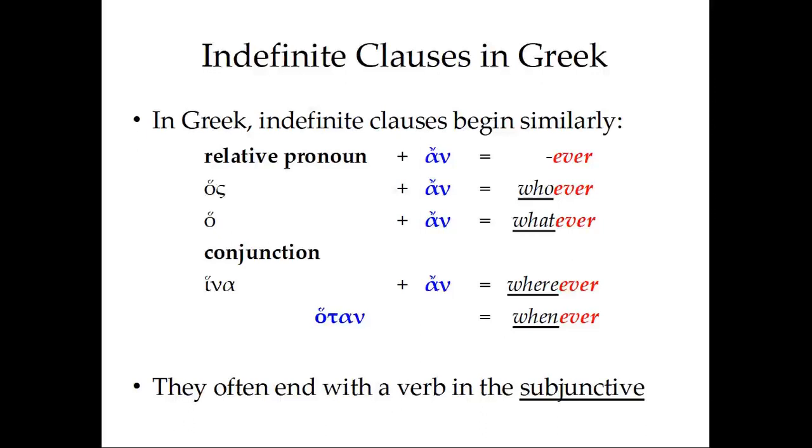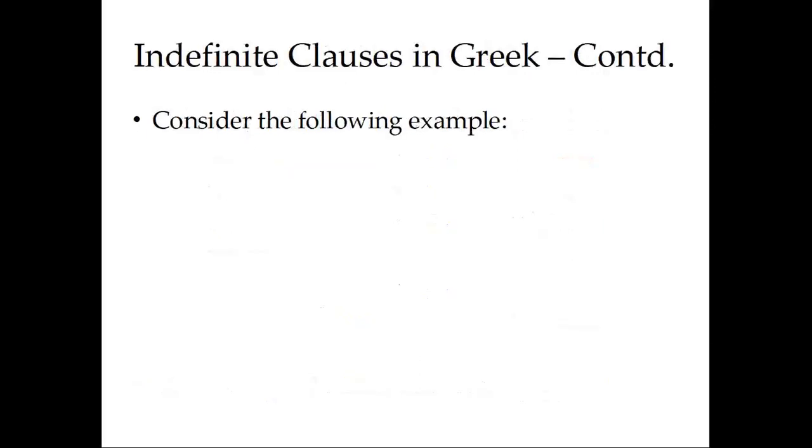So these would be indefinite clauses and how to translate them. They're not too difficult to translate, actually. Let's look at one example. Akouomen tauta ha legousin hoi dikaioi. So this on its own is not an indefinite clause. We don't have the an. We also don't have a verb in the subjunctive.